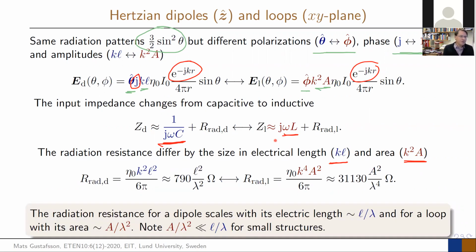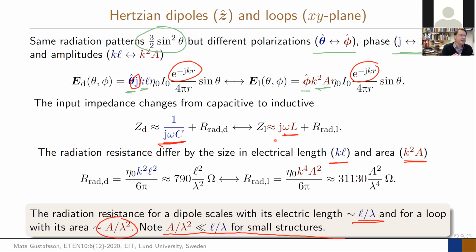So we really have this difference, as I mentioned before, that in the electric dipole, the scaling is as L over lambda, or this Ka, and in the loop, it's A over lambda squared. And for small structures, this is then very important.